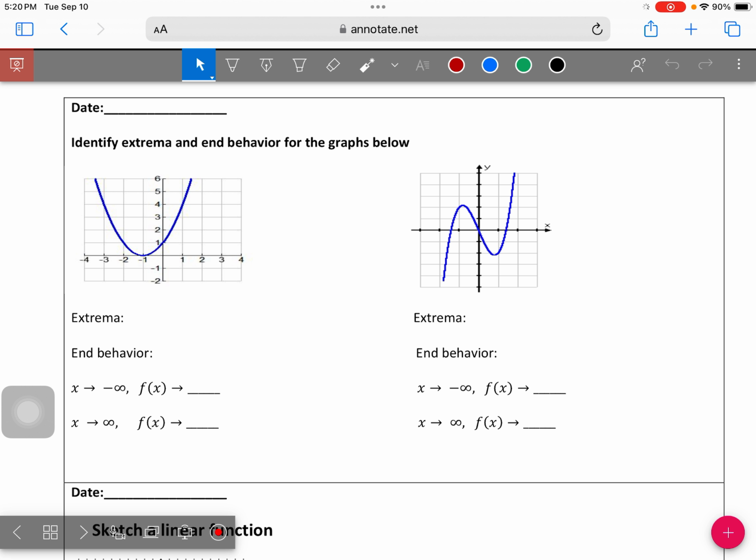All right, so we are working on Bellwork 7, I believe. I want you to try and do this on your own. They want you to list the extrema and also talk about the end behavior.